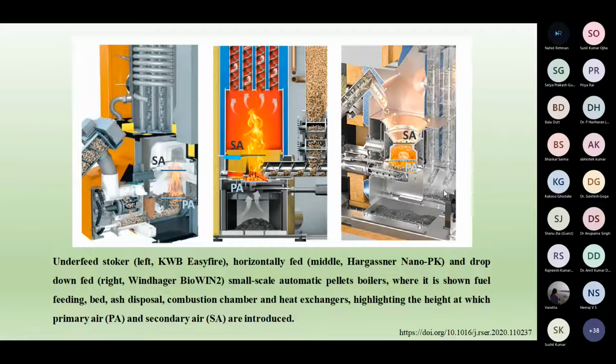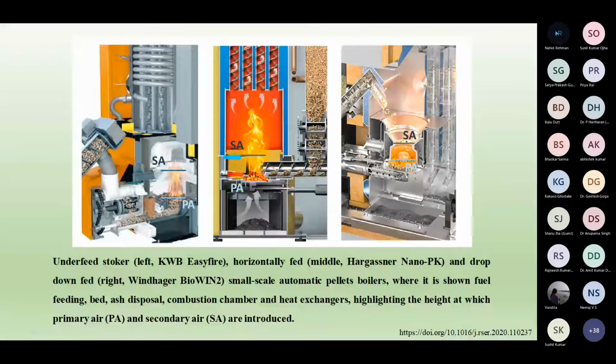Here you see the SA and PA. So you can see this under feed stoker, and this is the horizontal feed unit, and this is a drop down from top to down.